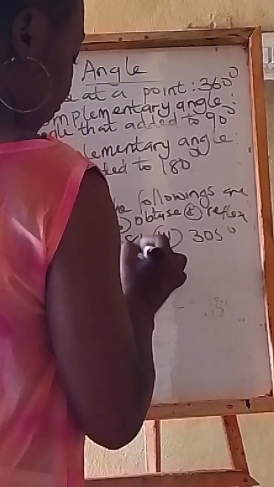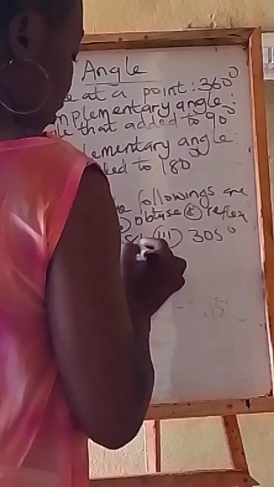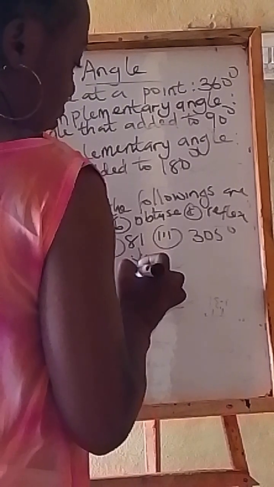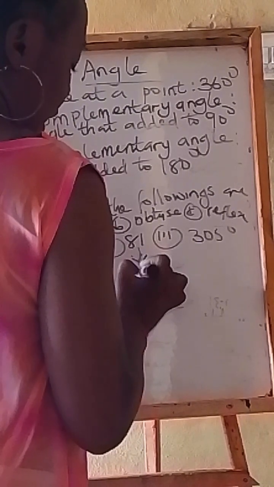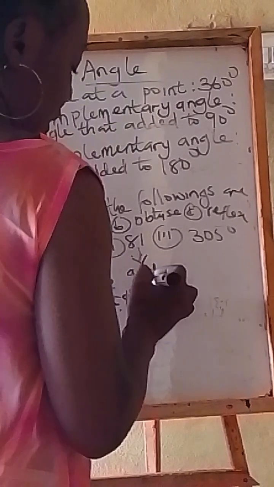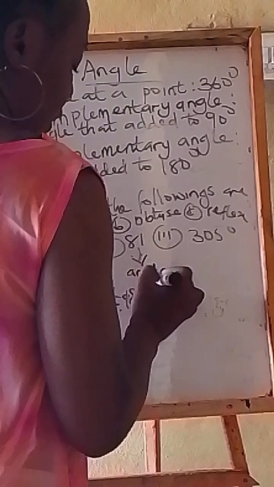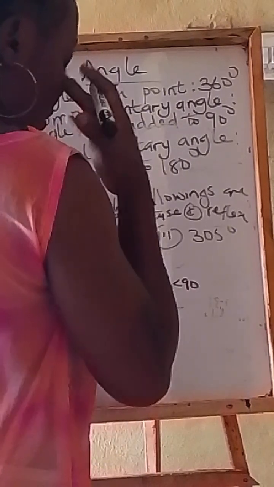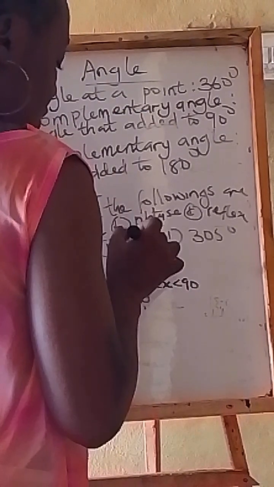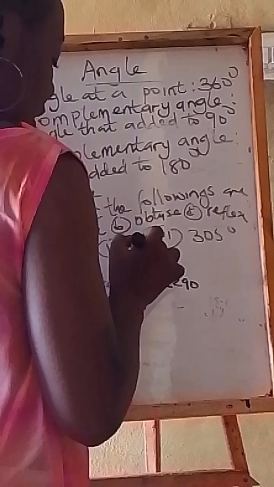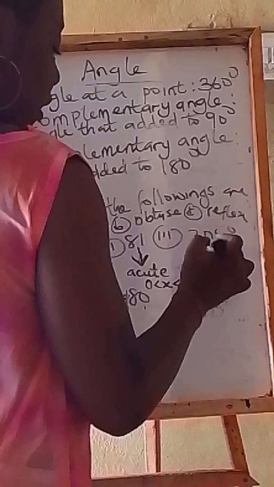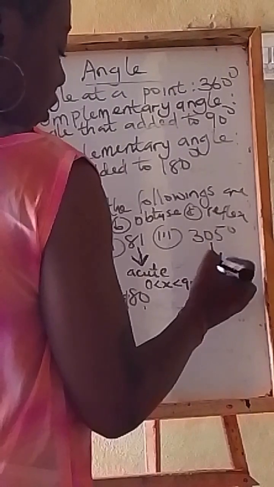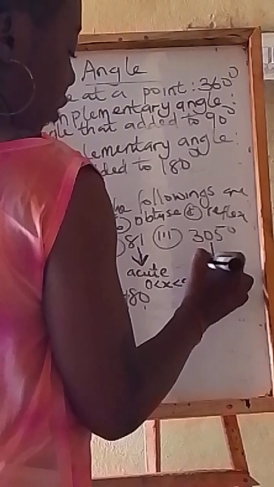Then here, 81, we call it what? An acute angle. Why is it an acute angle? Because 0 is less than s and it's less than 90. What this means is it is greater than 0 and less than 90. Then 305. This is what we call a reflex angle.